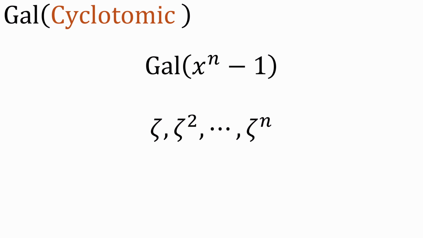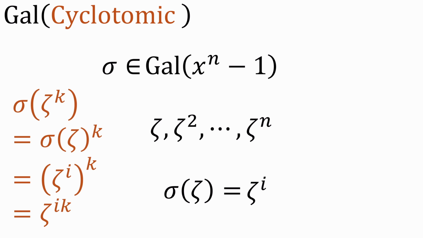Let's suppose that sigma is one of these automorphisms. What is sigma of zeta? Since sigma is permuting the roots, sigma of zeta must be zeta to the i for some integer i. The value of i fully determines the behavior of sigma. We can determine where sigma will take any root, say zeta to the k, by using automorphism properties.